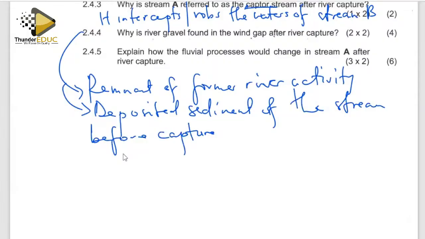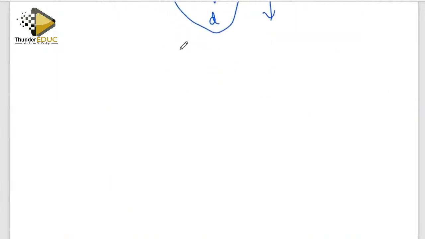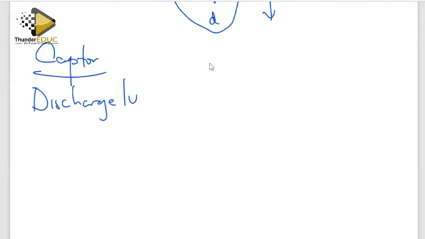The next question says, explain how the fluvial processes would change in stream A after river capture. In stream A, this is the capture stream. How are the fluvial processes going to change? We want to analyze the fluvial processes that are going to change on the capture stream. We want to look at discharge, or the volume of water in the river.